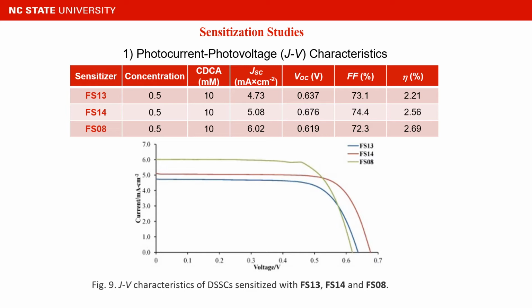This means that FS8 has the highest JSC and the highest efficiency. This is because of its highest molar extinction coefficient and its best coplanar conjugation geometry, resulting in outstanding light harvesting ability.